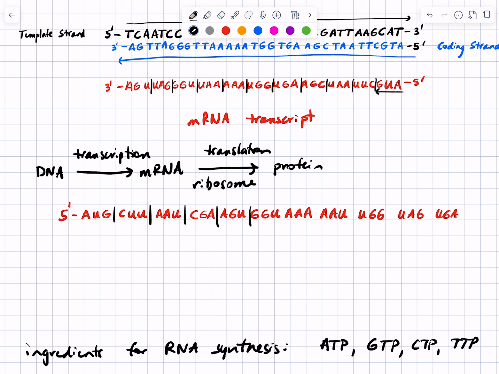And you can space them out 3 bases at a time, and then this is the 3' end. Okay, you with me on how we did that? We just reversed it.